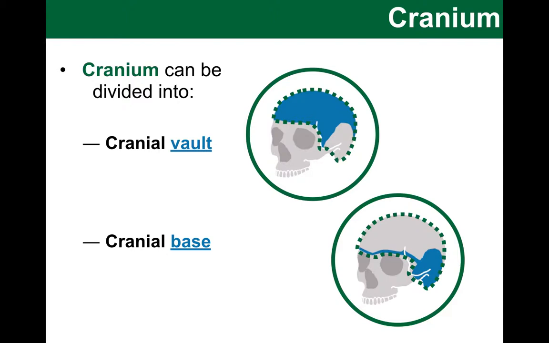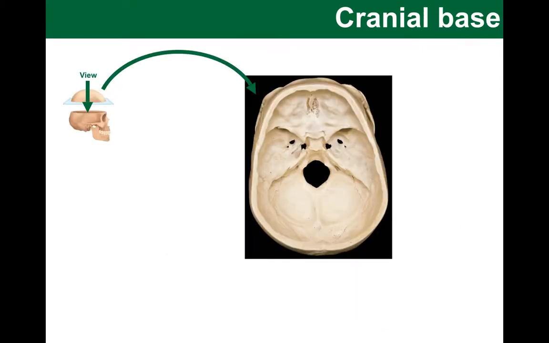And let's look at this base a bit more in detail. So here we have a view looking down into the skull with the very superior parts removed. Let's see what we can see inside here. So we notice that the cranium contains many openings, in fact 85 of those.